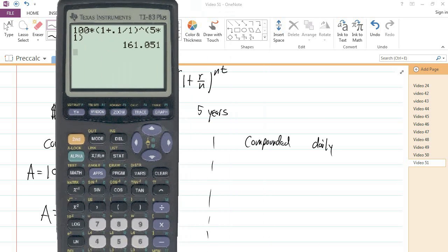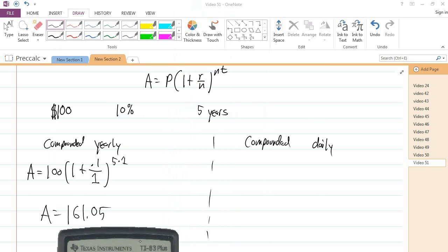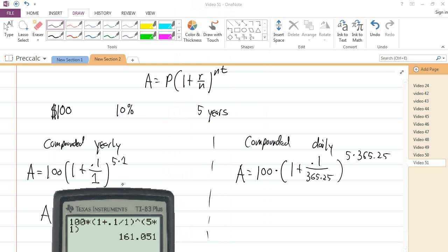Okay. If I do every day, that's going to be 100 times 1 plus 0.1. Now, every day is 365.25 because of leap year. So that's N every day. And it's going to be 5 years times 365.25. Okay.